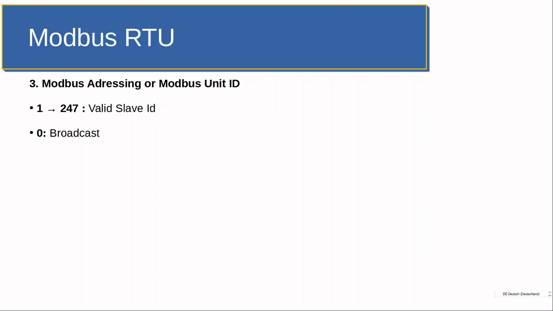And then we have 248 to 255, and those are reserved for future use or gateway routing. While some legacy or proprietary devices may technically allow addressing up to 255, 247 is actually the universally accepted standard defined by the official Modbus application protocol specifications.